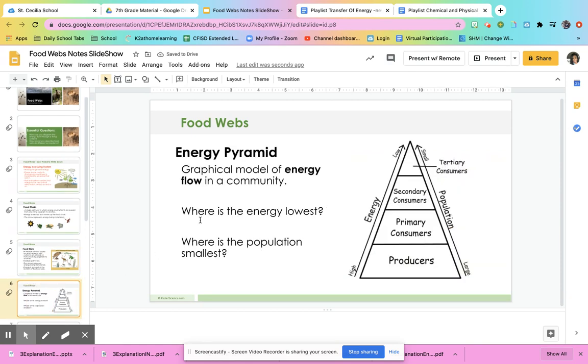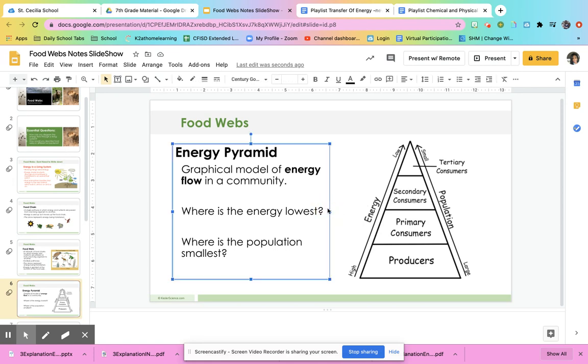So we've talked about a food chain, a food web. Now let's talk about the energy pyramid. So an energy pyramid is a graphical model of energy flow in a community. Where is the energy lowest? And put this on your guided notes. Tell me where is the energy the lowest, and then tell me where the population is smallest.